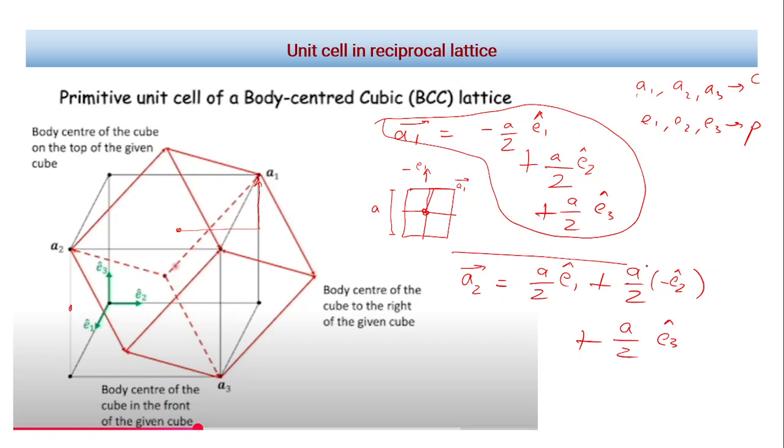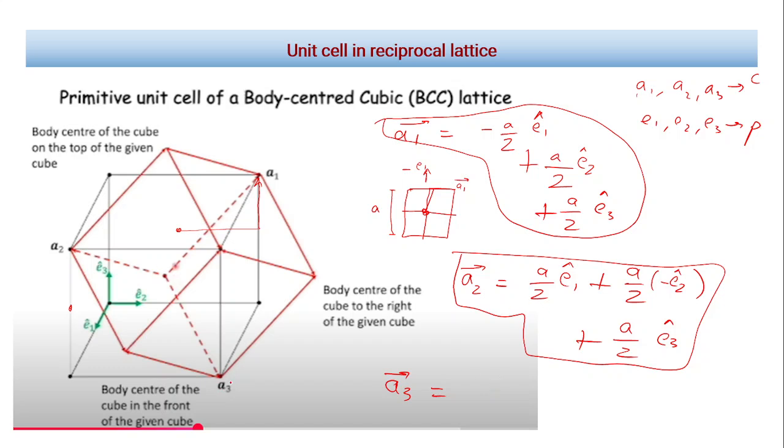Okay, so this is another relation. So these a1, a2, a3 vectors will tell my primitive BCC lattice vectors.